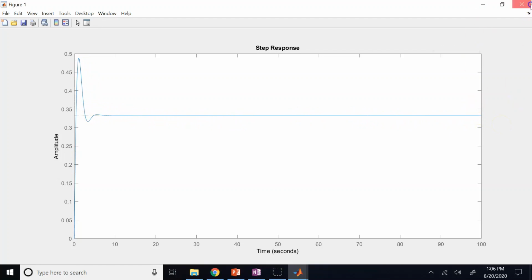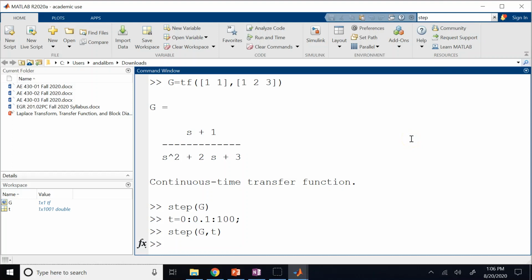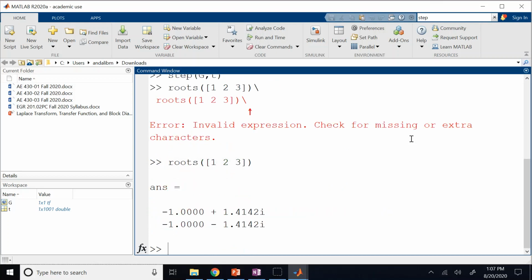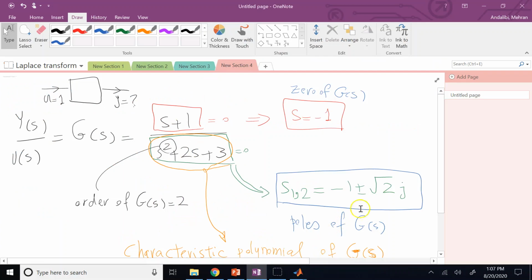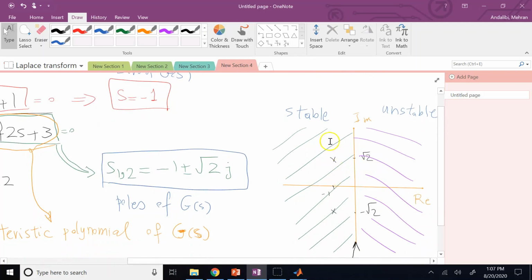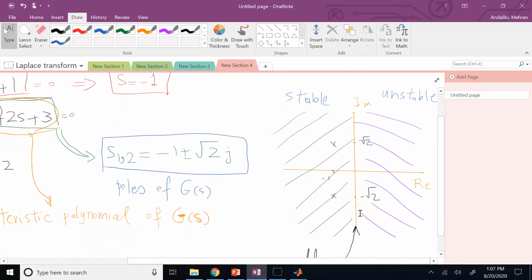Yes? Now, you can see the roots of the denominator, right? The roots of 1, 2, and 3 are those two things that we found: -1 plus minus square root of 2. They are on the left side of the imaginary axis, so the behavior is what? I converge at a constant number and stay there.